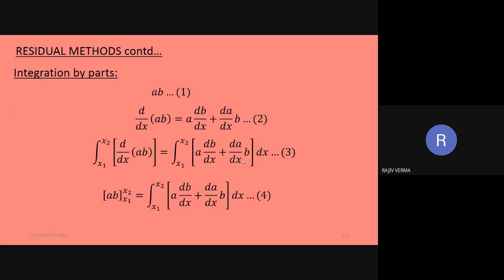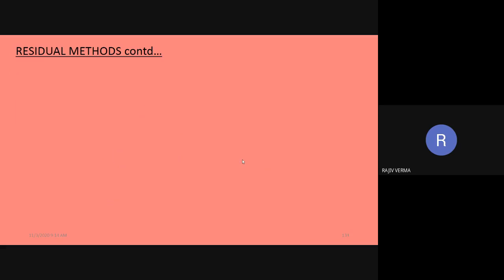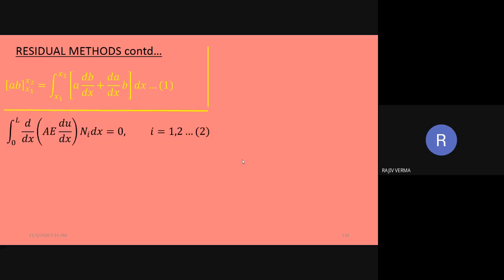Now, using equation number 4, we are going to reduce the order of the second order governing equation which was on the display previously. So, we have equation 1, carried forward from the previous slide, and equation number 2 is the required governing equation which represents the deformation of a bar.